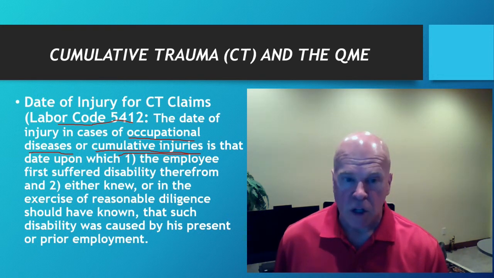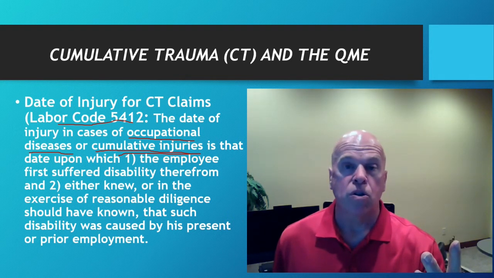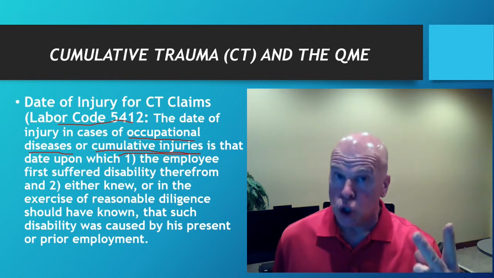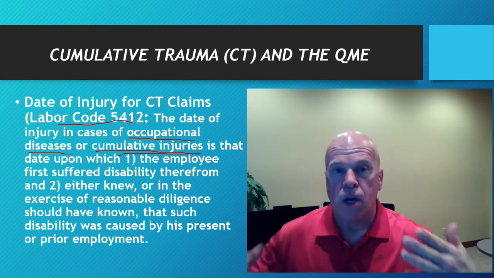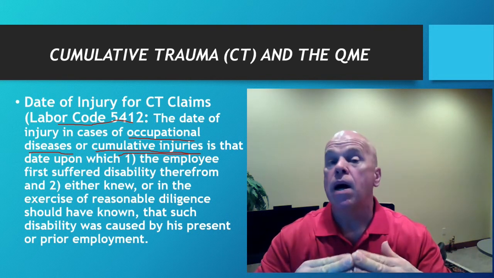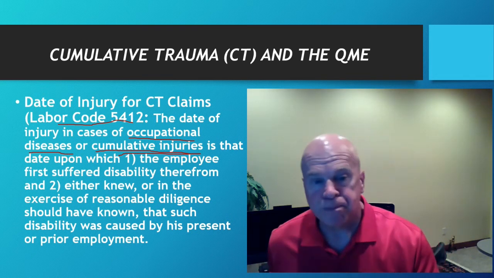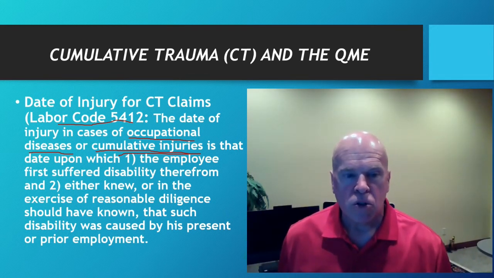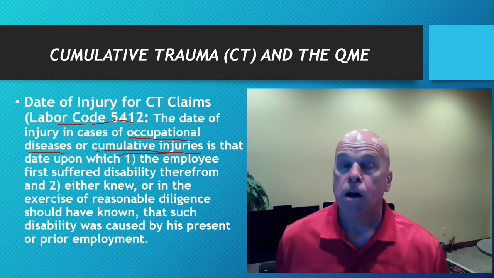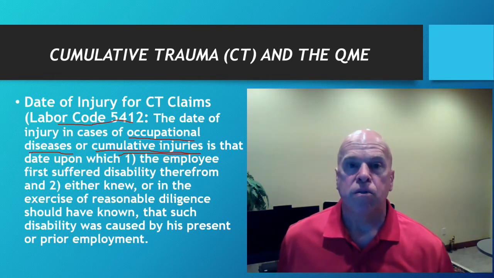So the date of injury is that date upon which two things coincide: two variables, two circumstances have to intersect to establish the date of injury. Number one is that date upon which the employee first suffered disability from the cumulative trauma injury.